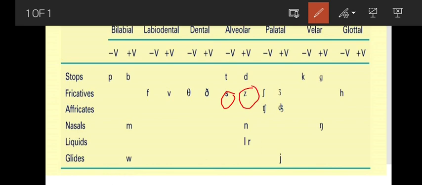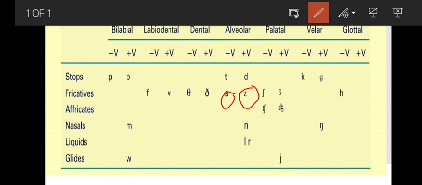Many of our students do not know how to pronounce them to feel whether there is a vibration in the vocal cords or not. The way we pronounce them, we feel that s is also voiced and z is also voiced. I am going to tell you how to pronounce these sounds.